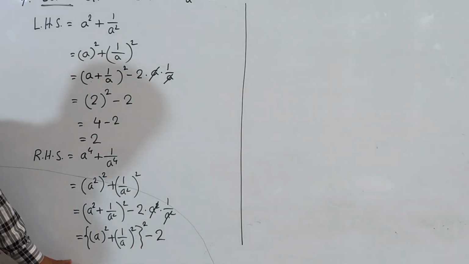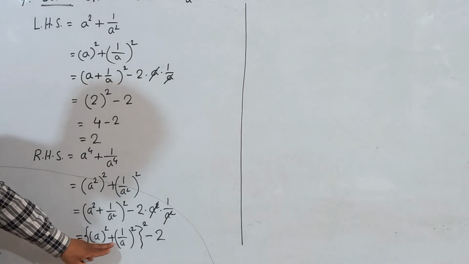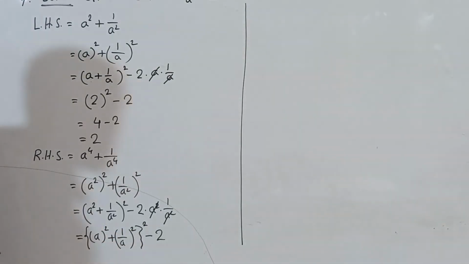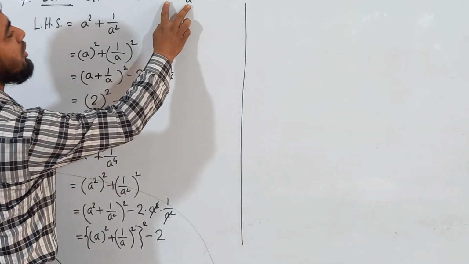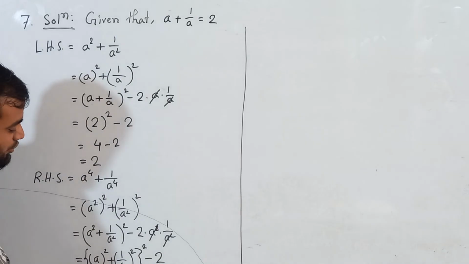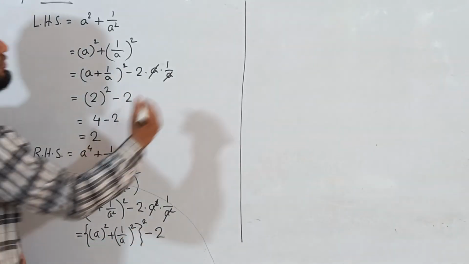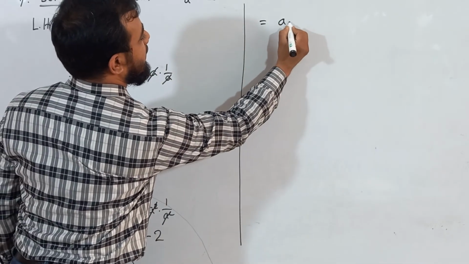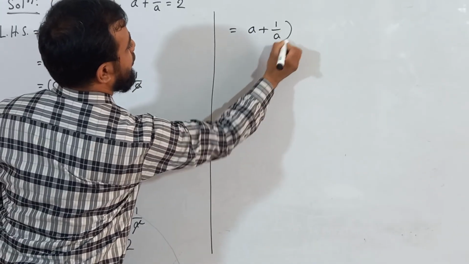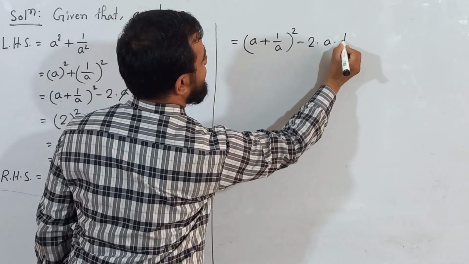I have no space below, that's why I go to the right side. It's a squared plus b squared. We'll apply the first formula, or first corollary, sorry, because the summation is given, the plus sign is given. That's why we must use the first corollary. A squared plus b squared is equal to a plus b whole squared minus 2 into a into b.